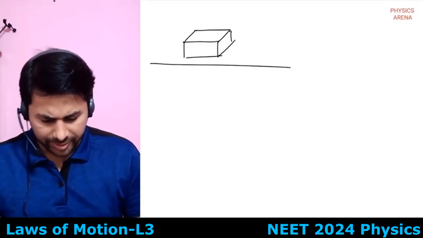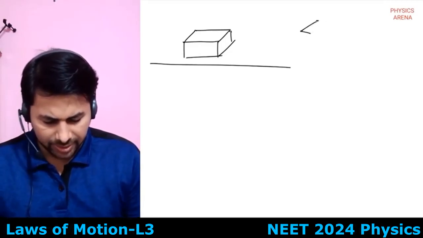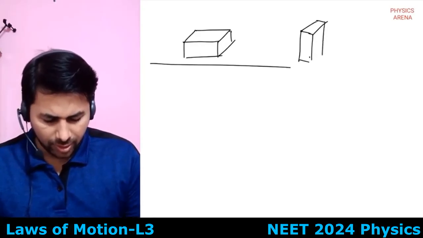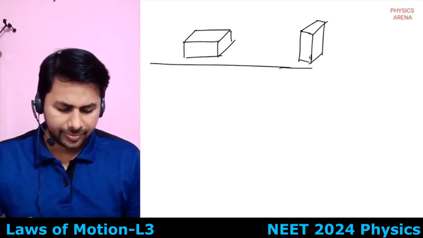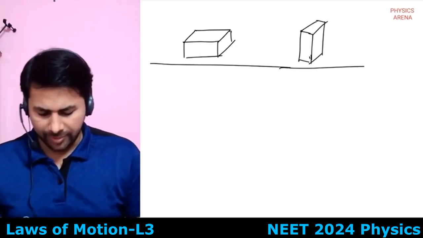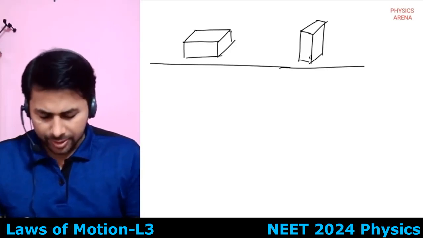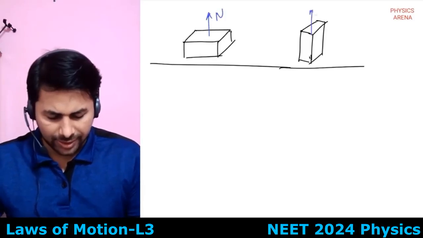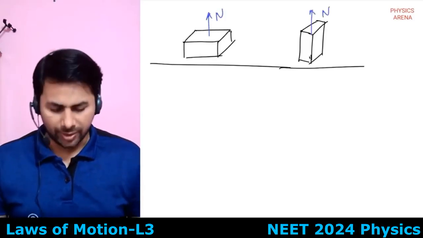So you keep it like this, or you keep it like this. The normal reaction will be equal, right? The normal reaction will be equal because weight is equal. So normal reaction in this case and normal reaction in this case will be equal.